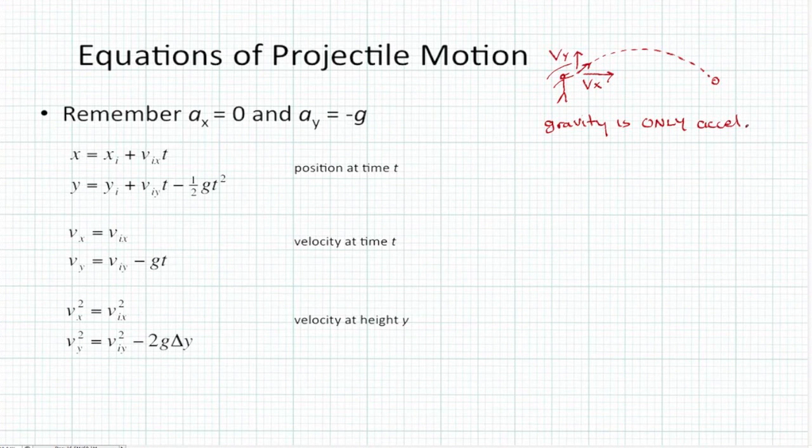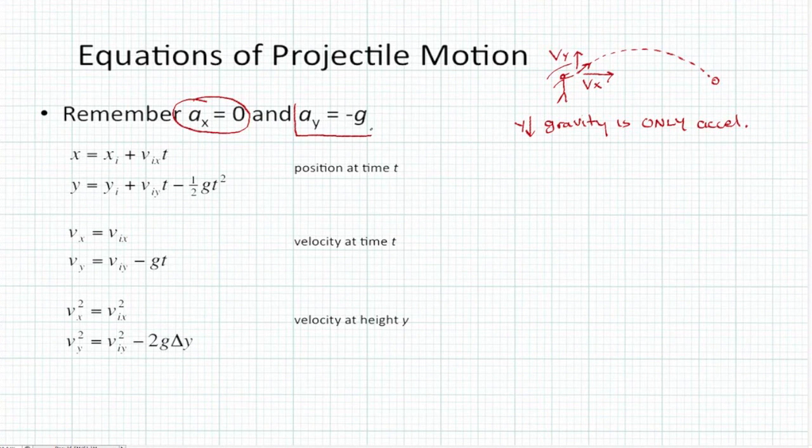Gravity always pulls downwards and accelerates an object. So the only acceleration takes place in the y direction. There is no acceleration in the x direction at all. This baseball is not propelling itself horizontally once it leaves the baseball player's hand. It is simply moving with the same velocity in the x direction that it had when it left the player's hand.